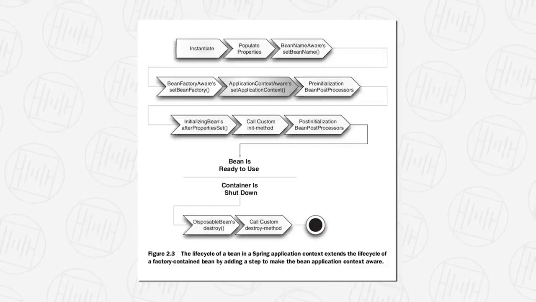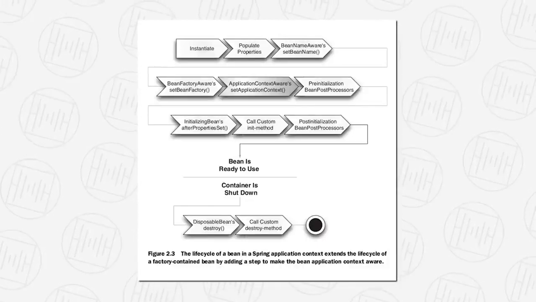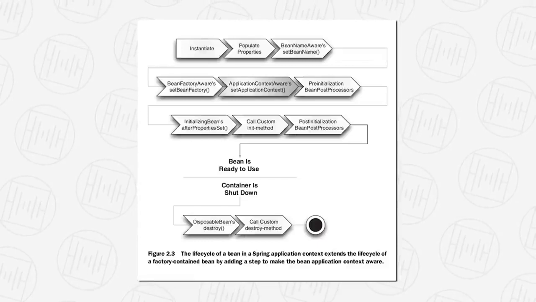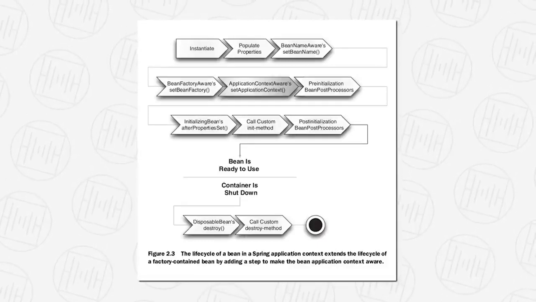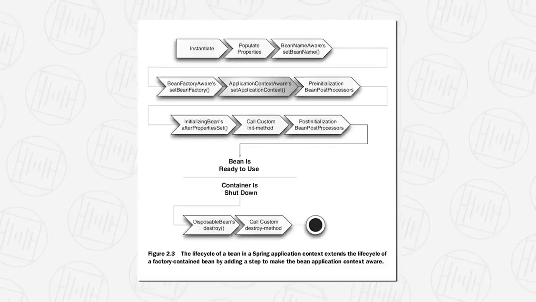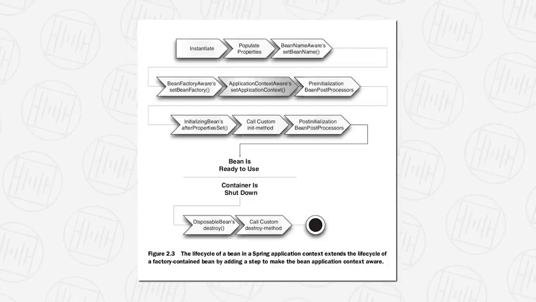After that, if there are any custom methods, those will be executed. Then the post initialization process will happen, and at that time, the bean will be ready to use. When the container shuts down, the disposable bean's destroy method will be executed, then any custom destroy method will be executed, and then the bean will be cleared from the JVM.